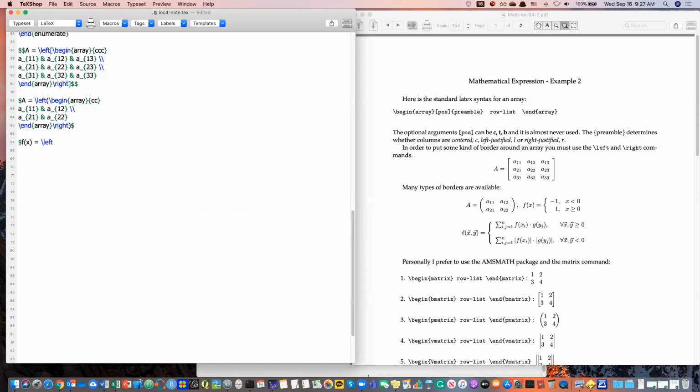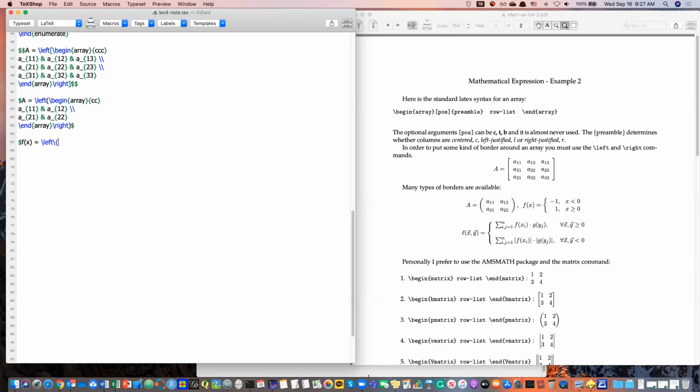Left, and then keep in mind this is a curly bracket. That's one of the syntax in LaTeX. So if you want to write a literal curly bracket, you have to put a backslash. If you don't, LaTeX will recognize it as a LaTeX command.